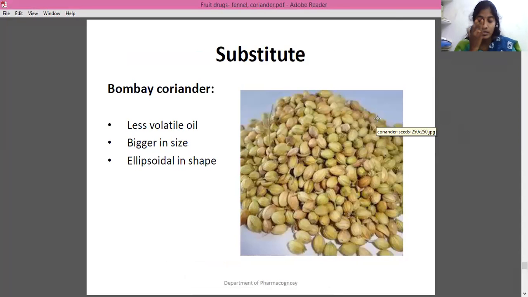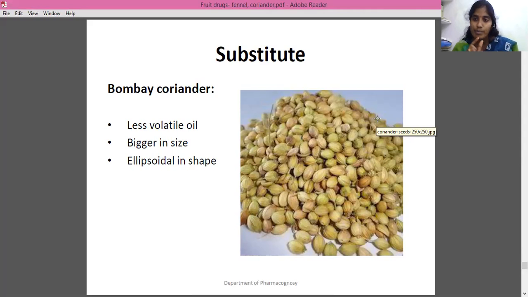Then substitute. Before drawing this, we have to know the substitutes and adulterants of this coriander fruit. There is no adulterant for this fruit. Adulterant means only the exhausted coriander fruits, which are inferior quality drugs. But here it is a substitute. Bombay coriander is a substitute. Bombay coriander fruits have less volatile oil compared to the original one, Coriandrum sativum.